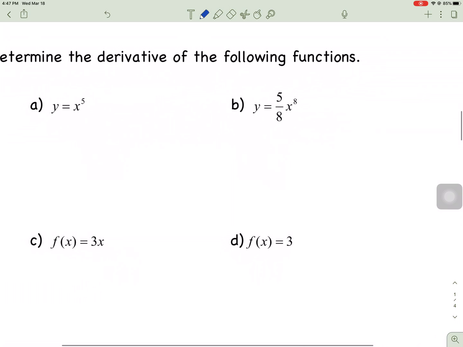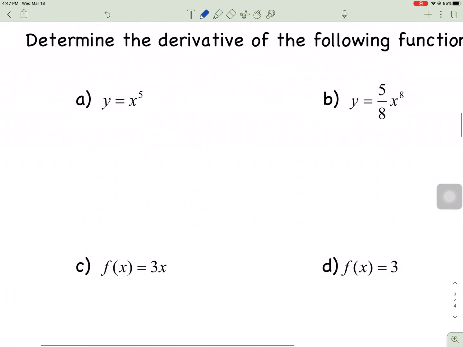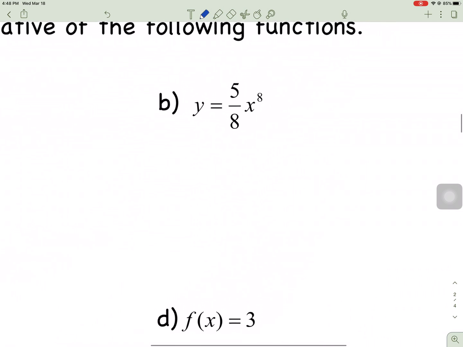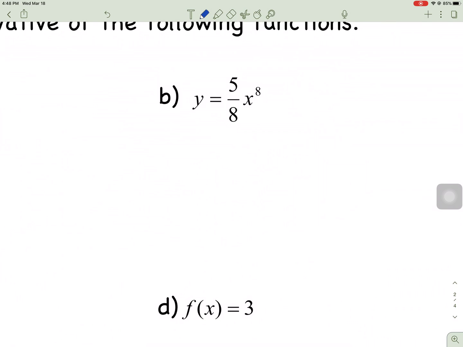So just some quick examples, and I know we did these, I just wanted to reiterate them. If y equals x to the 5th, then y prime will equal 5x to the 4th. If y equals 5/8 x to the 8th, then y prime is going to equal 8 times 5/8, which is 40 over 8, x to the 7th, which is 5x to the 7th.